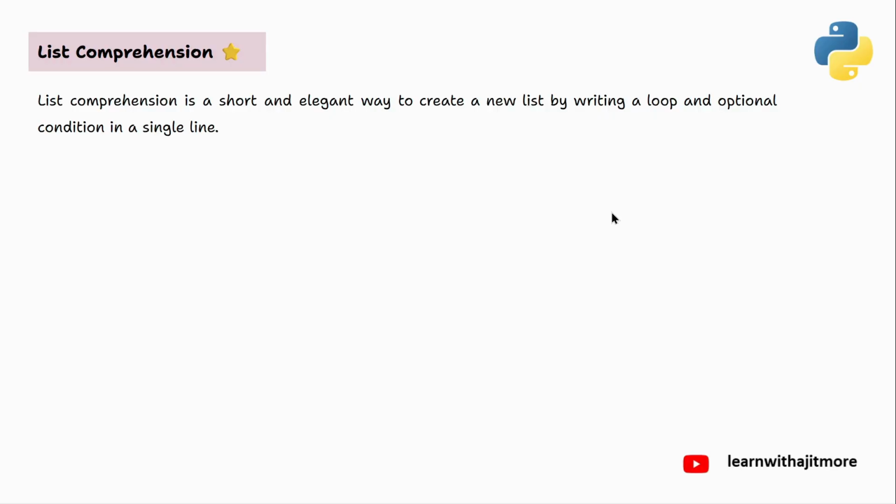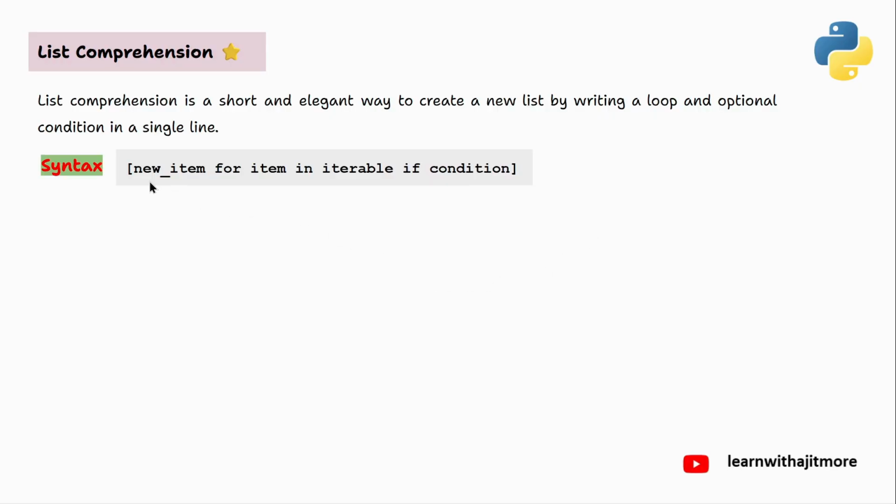In one line only you write for item in iterable. So from that iterable, one by one items will come. So what does the for loop keep doing? One by one value, it will copy as an item. On that item, if you do some processing and generate a new item, that you are writing in the square.